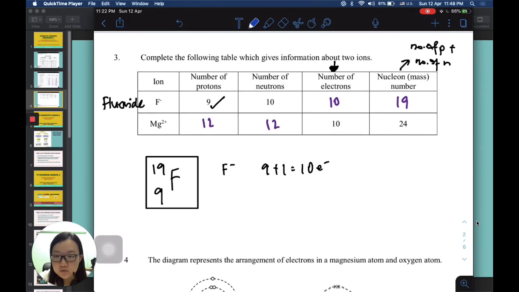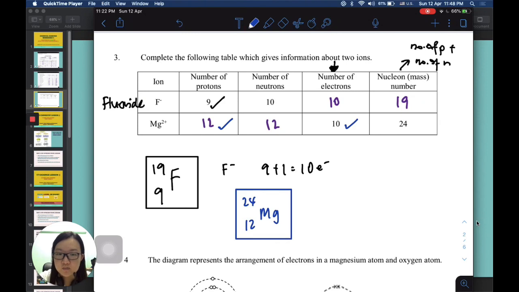Moving on to magnesium cation. Again, looking at the periodic table, we know that the two numbers are 12 and 24 respectively. Therefore, we know number of protons is 12. Number of electrons is given in the question in this case, but you should be able to figure that out as well.